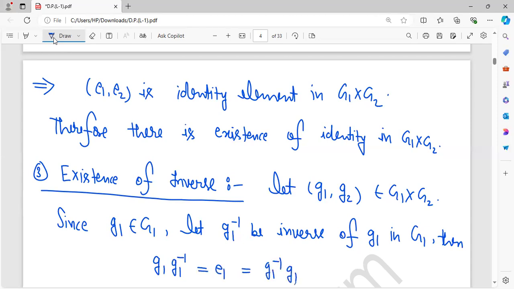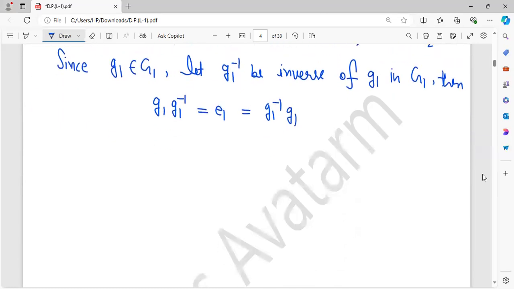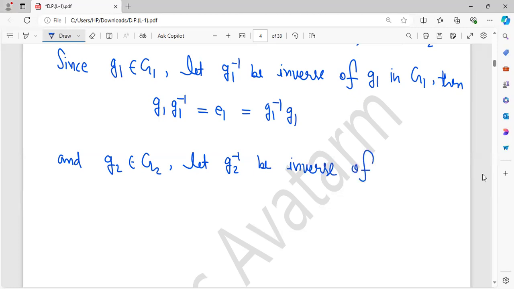Okay, and g2 belongs to capital G2, let g2 inverse be the inverse of g2 in capital G2, then g2 inverse g2 is equal to e2.